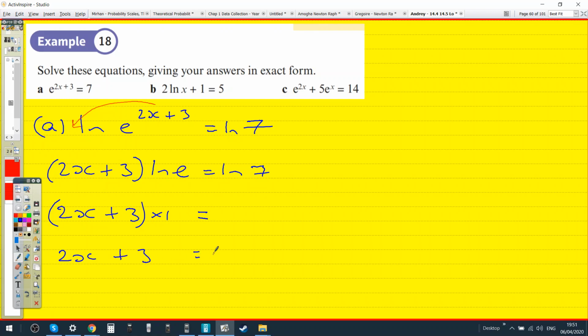Yeah. And then I just need to do x is equals to ln 7 minus 3 over 2. Yes. For the sake of clarity, instead of writing ln 7 minus 3, I write it as minus 3 plus ln 7.